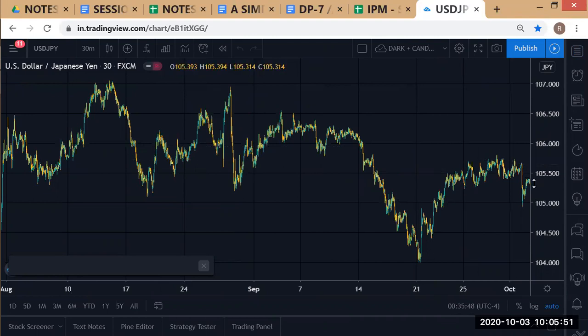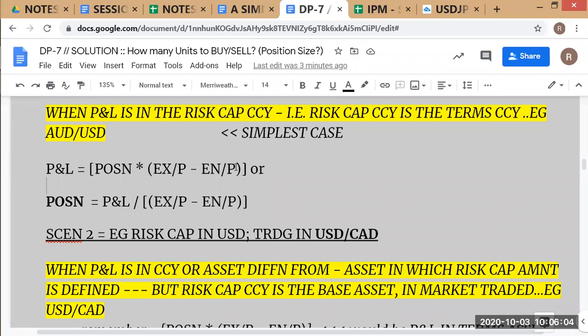So exit minus entry is a positive figure because the exit price is higher. Multiply that by a negative position size and the P&L comes out negative, because you're projecting the loss on the triggering of the stop, the exit on loss.